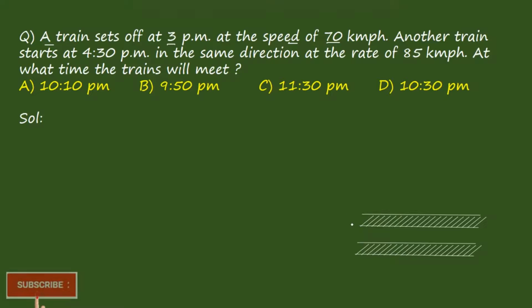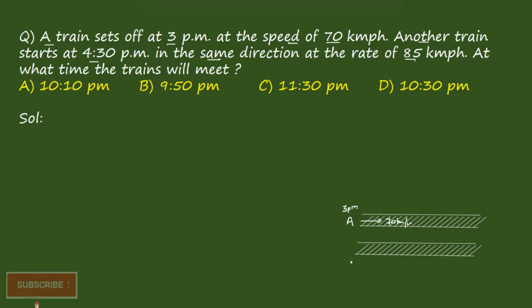Here you consider a train A, which is moving at 3 p.m. at the speed of 70 kilometers per hour. It is saying there is another train that starts at 4:30 p.m. at the speed of 85 kilometers per hour in the same direction.